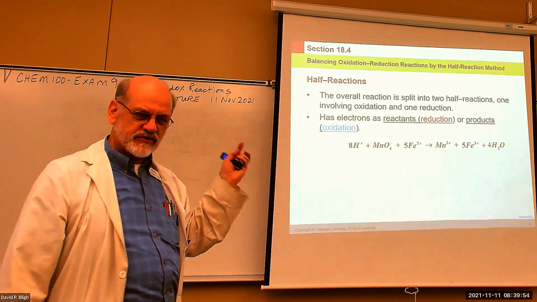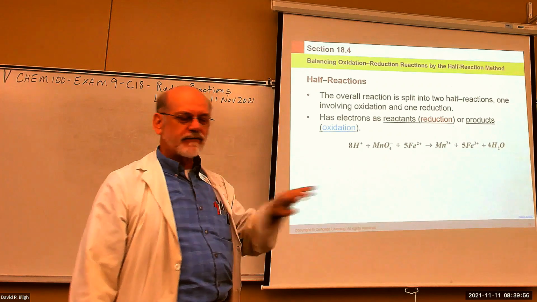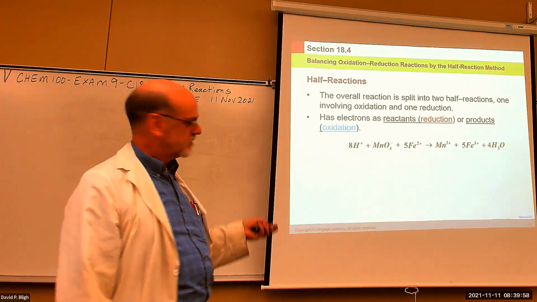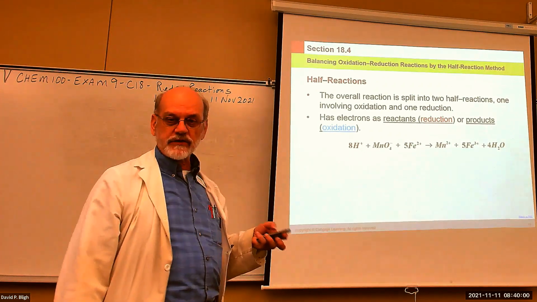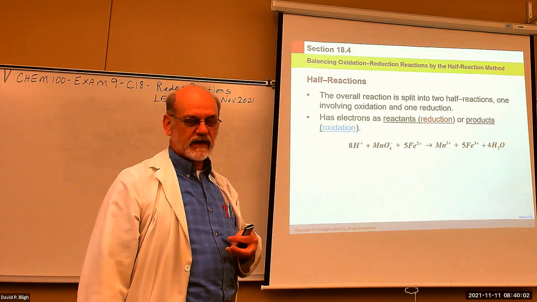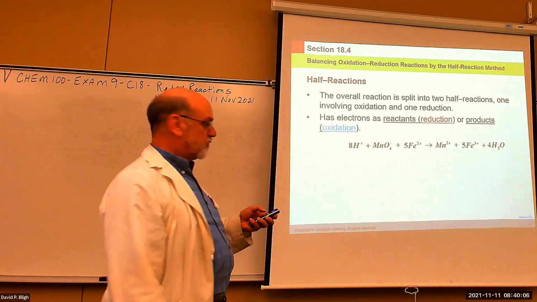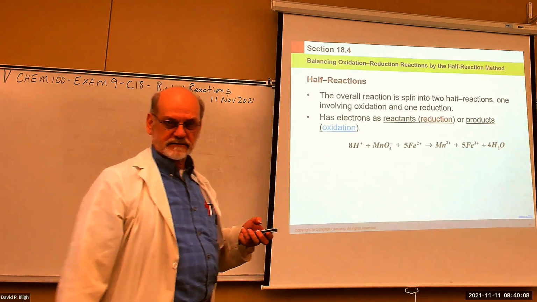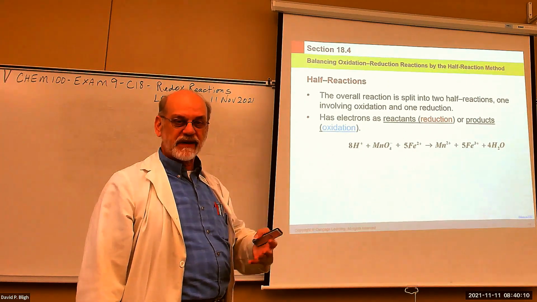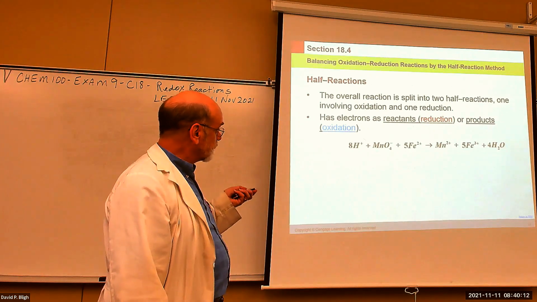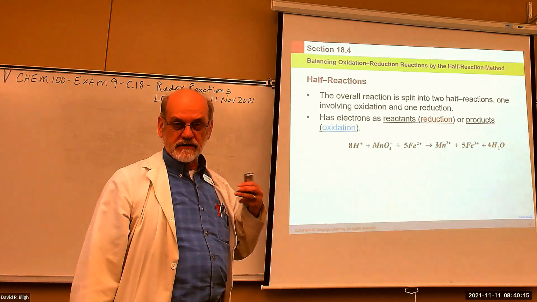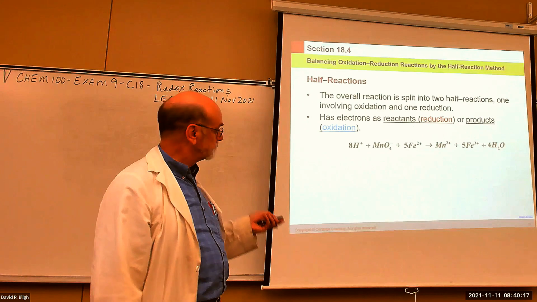We learned in the last chapter that these protons never exist like this free. They're always combined with water or the acid they came from. But for convenience and for ease of manipulating the equation, we're going to consider these protons separately, just like that.